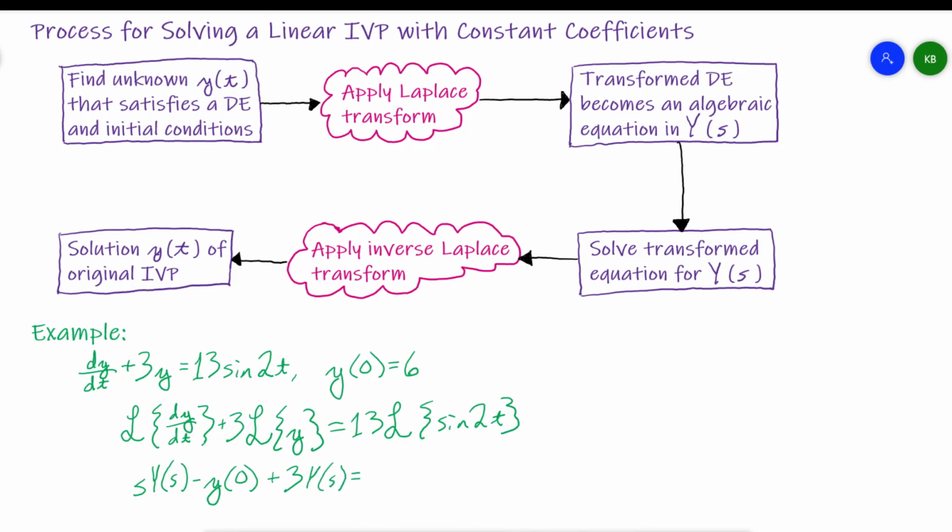And it's going to equal 13 times the Laplace transform of sine of 2t, which is 2 over s squared plus 2 squared, or 4. So what I've done is it's become an algebraic equation in Y of s.